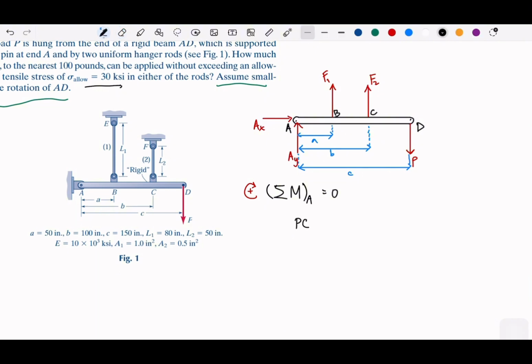PC, maybe PC like that, and then minus F1A minus F2A equals 0. So we have two unknown forces, right?